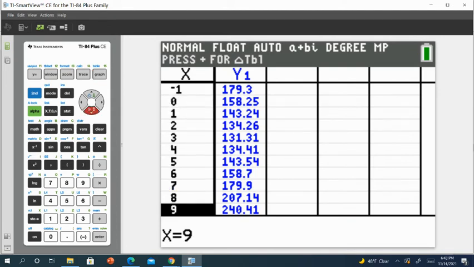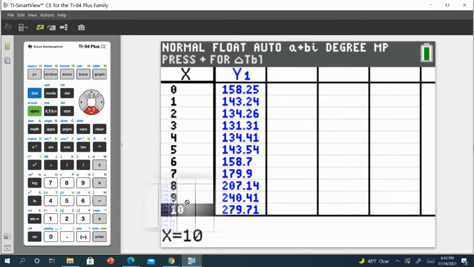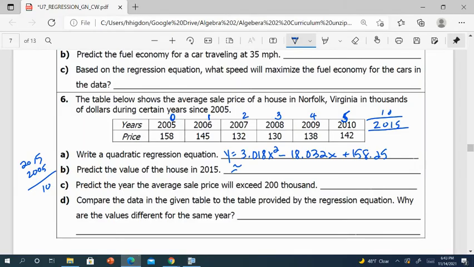And if I look at year 10, which is the X, I've got approximately 279.71 thousand. So let's just say that that's 280,000 approximately. Now, the reason why I did not keep decimals here is because I'm making my answer match the way that it looks in the table.